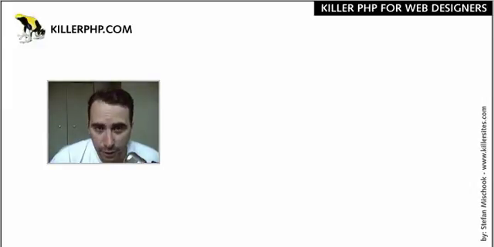So how do you create objects in object-oriented PHP? Objects are created by first creating something called a class. A class is, I guess you could describe it as a blueprint or an outline or a template. These are a few ways of describing it for an object.